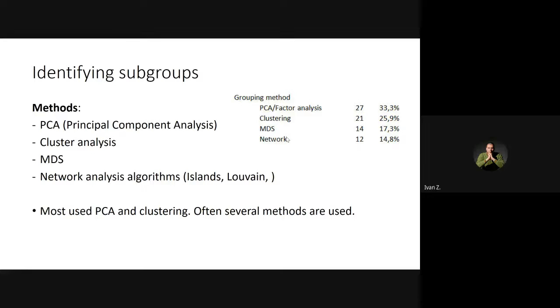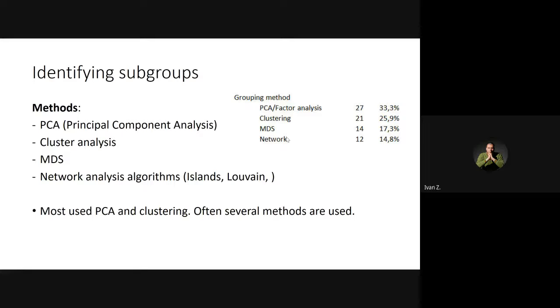So the next step when doing the analysis is identifying subgroups. With subgroups, you want to see what the structure of the research that you're analyzing is. In this case, you can use principal component analysis, cluster analysis, or multidimensional scaling, but nowadays I would mostly recommend network analysis algorithms.